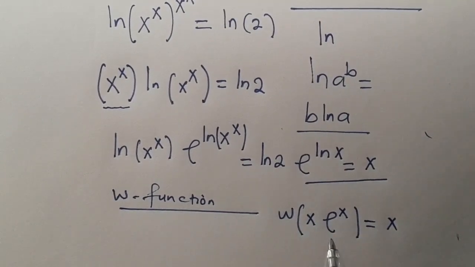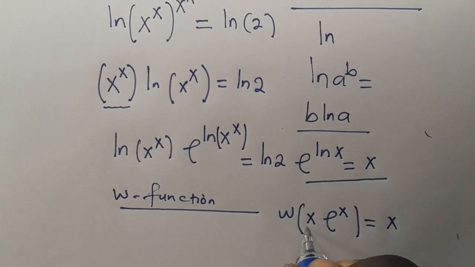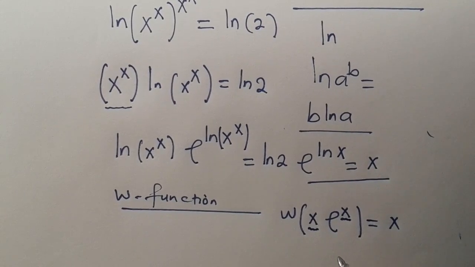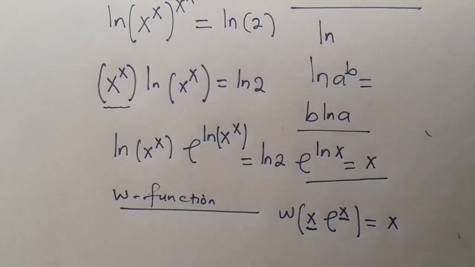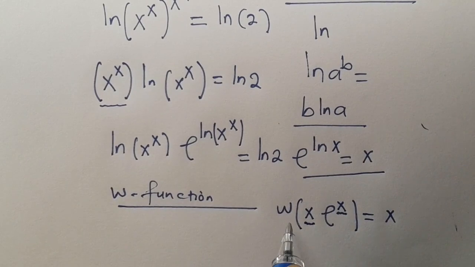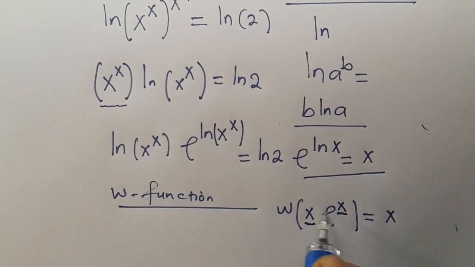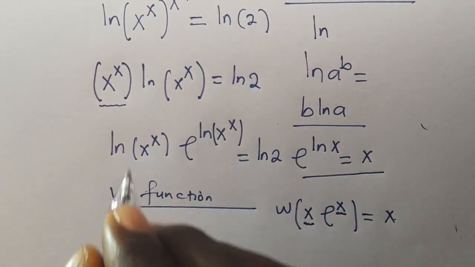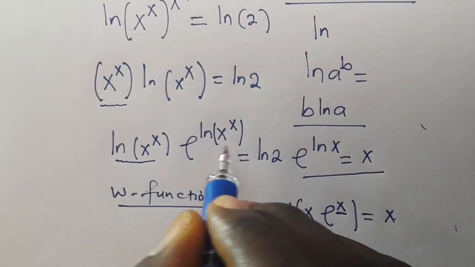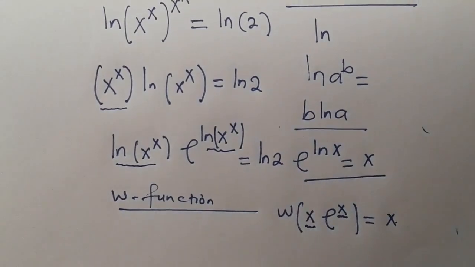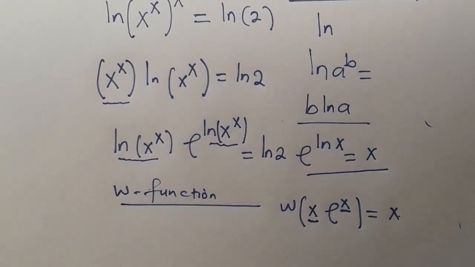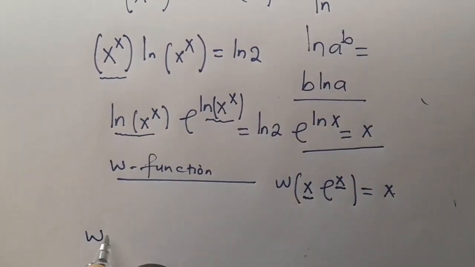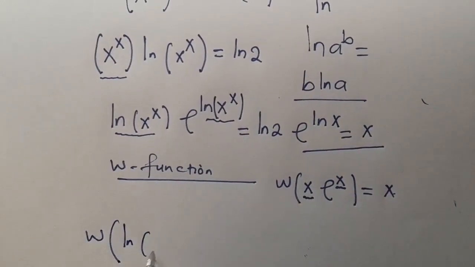What we are trying to say here is that once you have the base and the power to be the same, then when you take W function of it, the inverse of this and this will give us this back. So now by applying it here, because our bases are the same, we can have this one as well to be W of ln x raised to power x, then e raised to power ln x raised to power x.